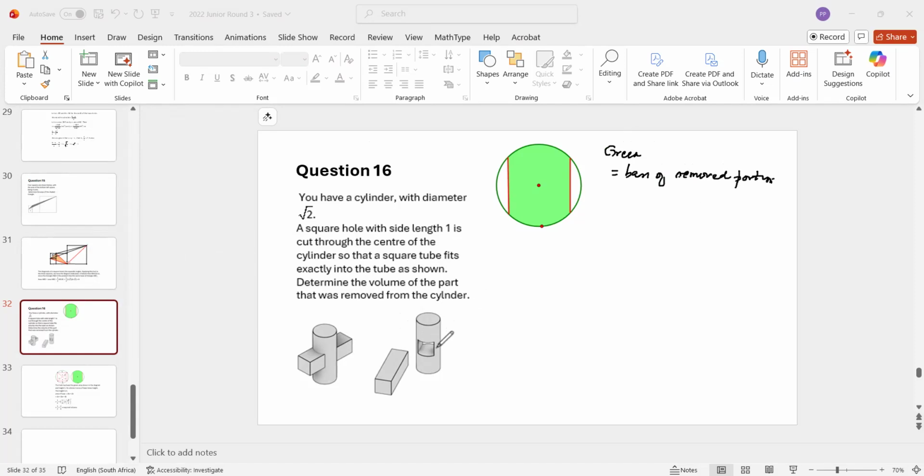If you look at the base, you'll see two edges are straight, but two edges are curved, and these curved edges are part of a circle whose diameter is square root of 2. If you take any cross section of the circle, you get the same diameter. It's given that the diameter is equal to the square root of 2.